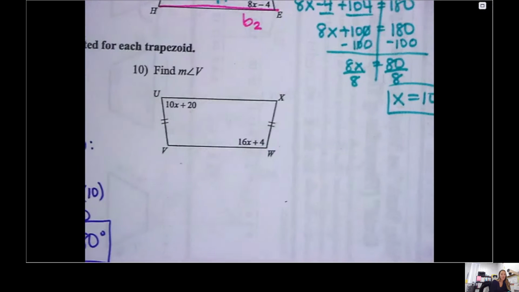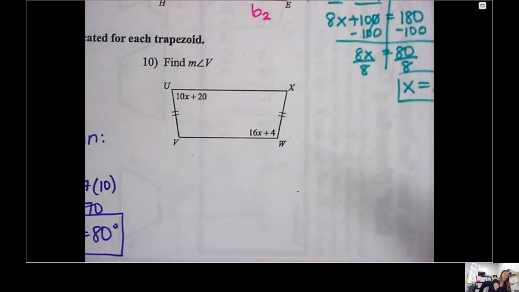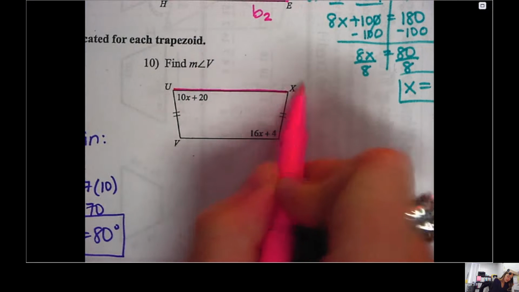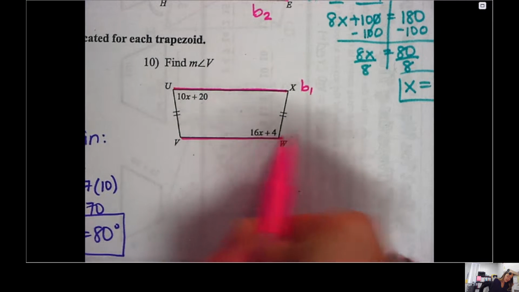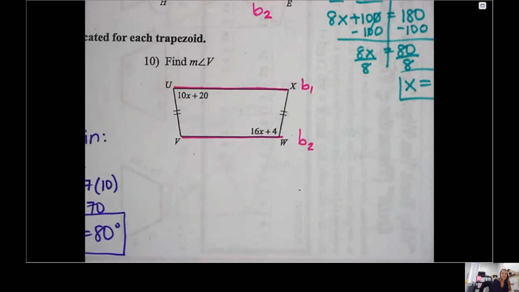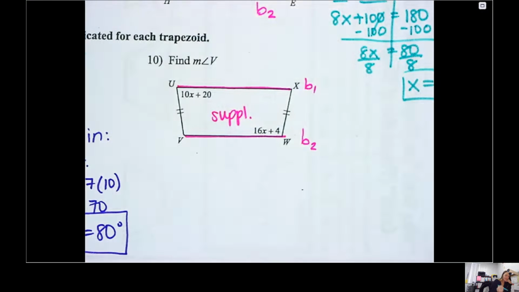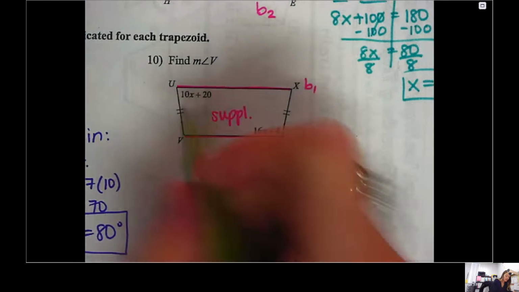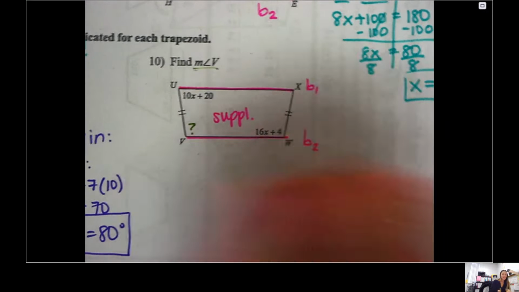Okay, last one. Number 10. Find the measure of angle V. Okay, so here is one base. Here's my second. These are not on the same base, so that means they are supplementary. However, I'm trying to find this angle over here, angle V, which has nothing with it.